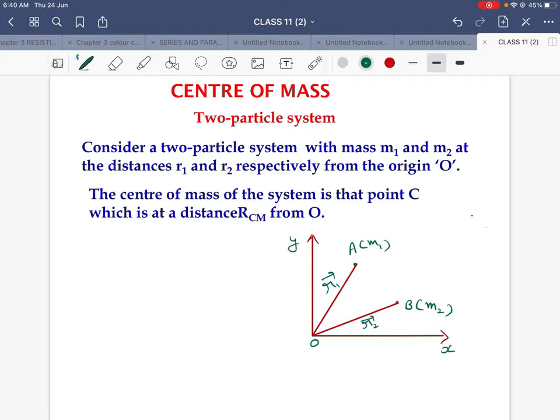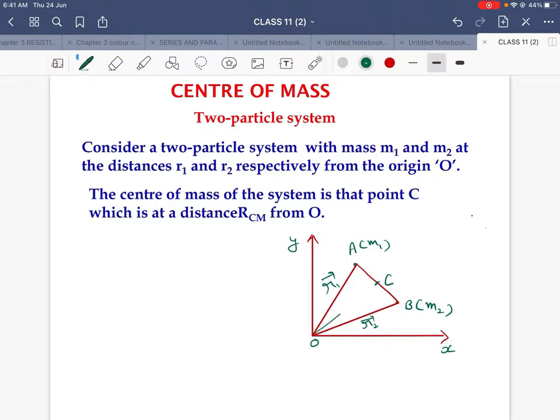Now, center of mass of these two particle system will lie on the line joining, that is AB. Consider C is a point where center of mass of two particle system having mass m1 m2 lies.